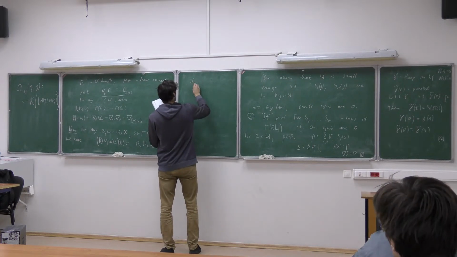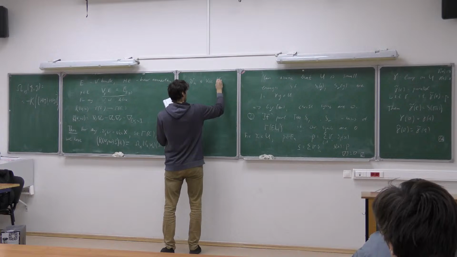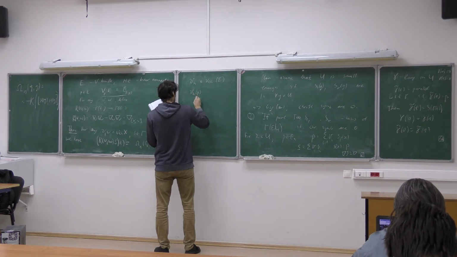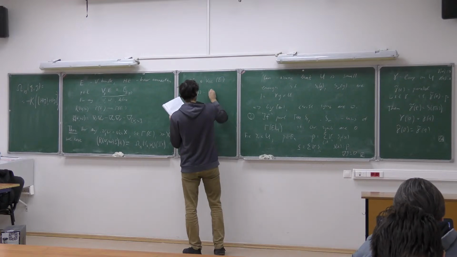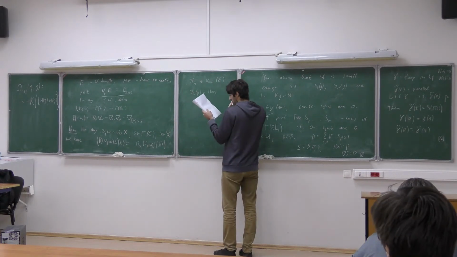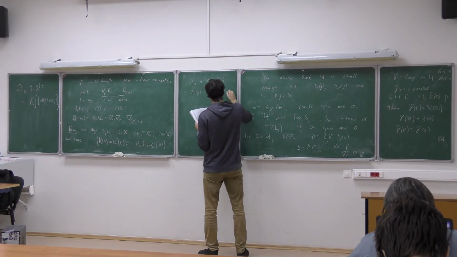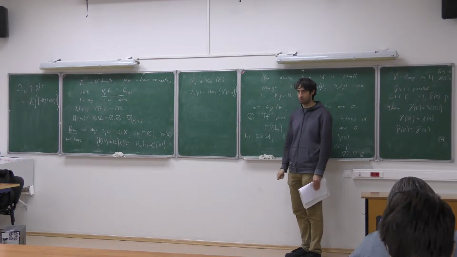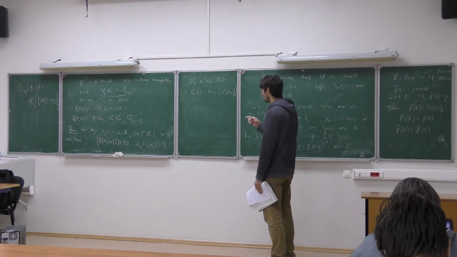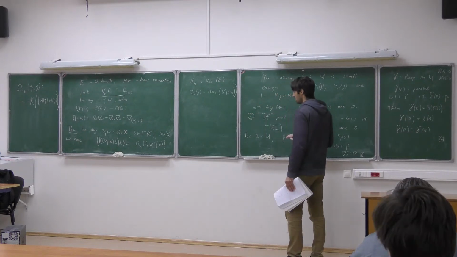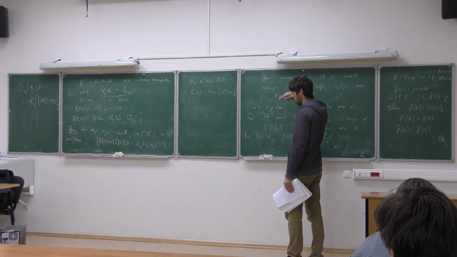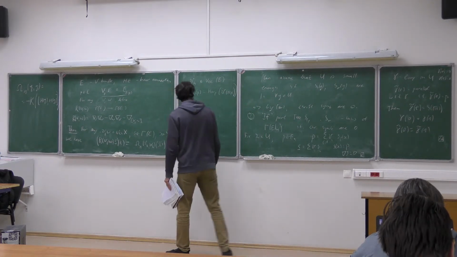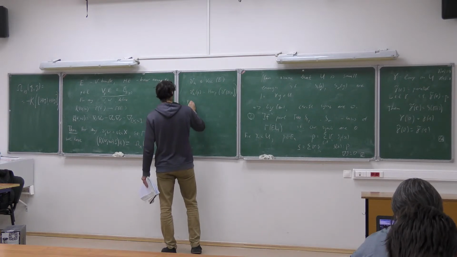So V^H is a vector field on E, defined by the following: V^H at a point P, where P is a point in E, is the horizontal lift to the point P of V at the value pi of P. So you have a vector field V, and you lift it by horizontal lifts to a vector field in E. Okay, and for W, of course, it is the same way.